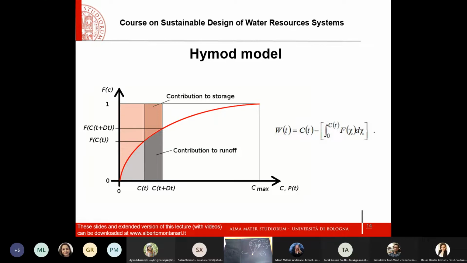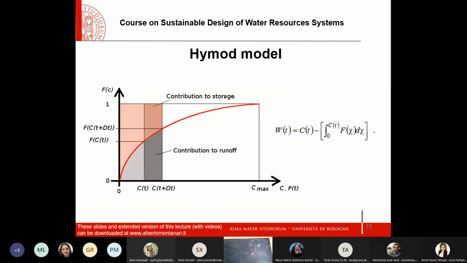So let's forget for now about this relationship, but you see an integral here, which is the integral between 0 and C(t), so between 0 and the rainfall value. At each time t, you get a cumulative rainfall. We said cumulative rainfall, I can assume it's the same as C(t). So the integral is between 0 and C(t), of what?